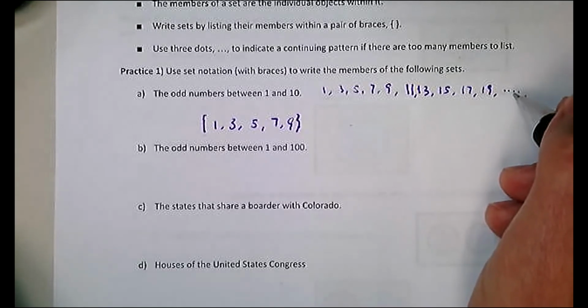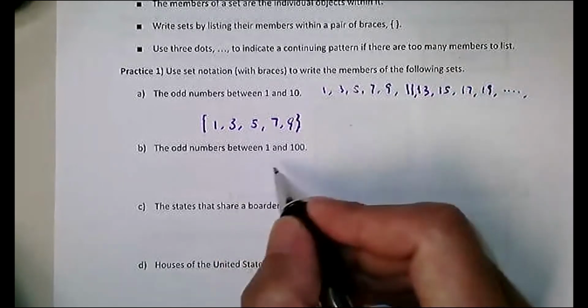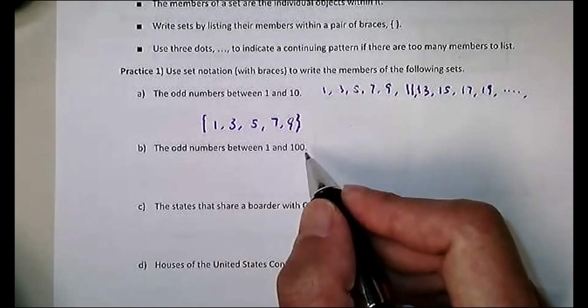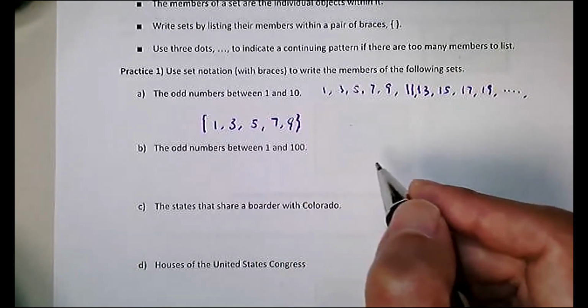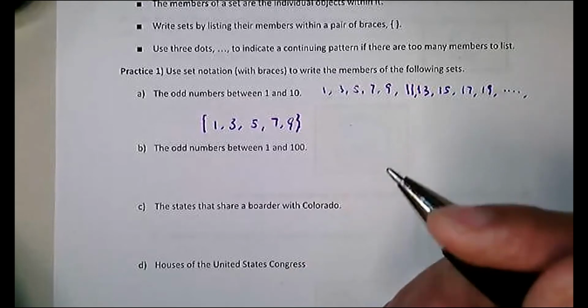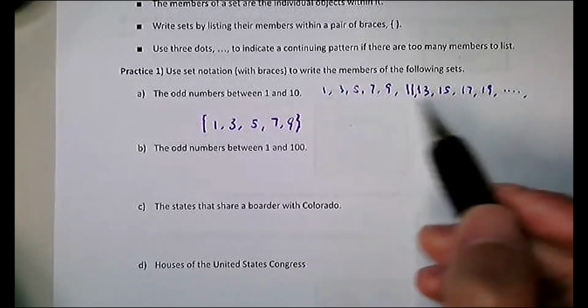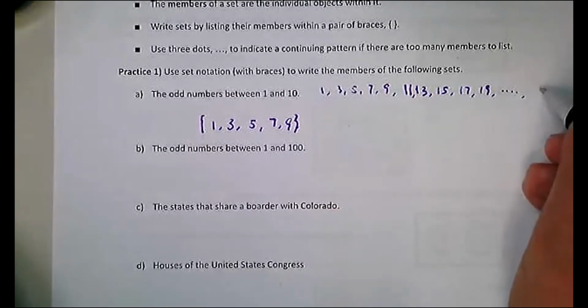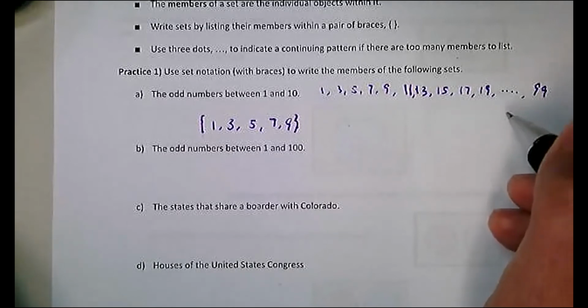So what should we do with so many numbers between 1 and 100? We are lazy. We don't want to write every number until 99. We are very, very lazy.